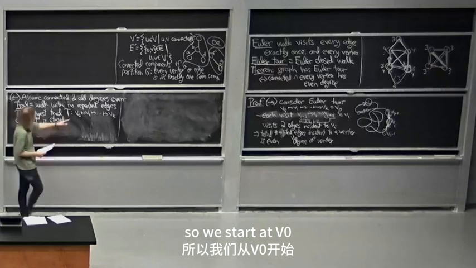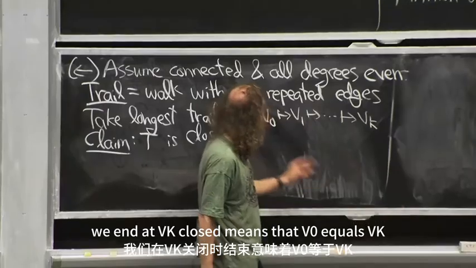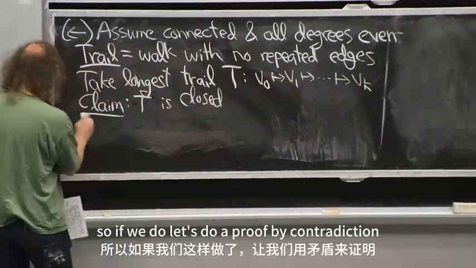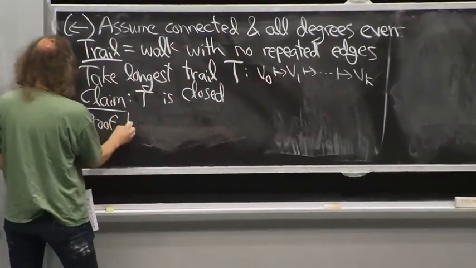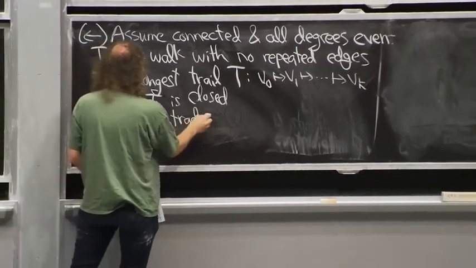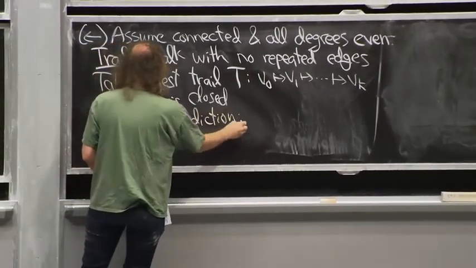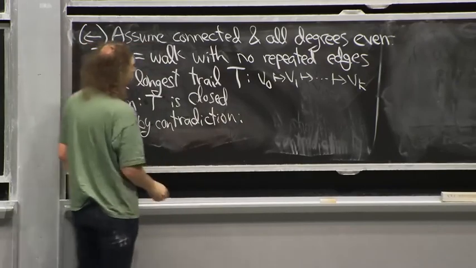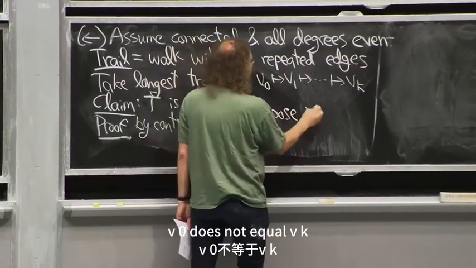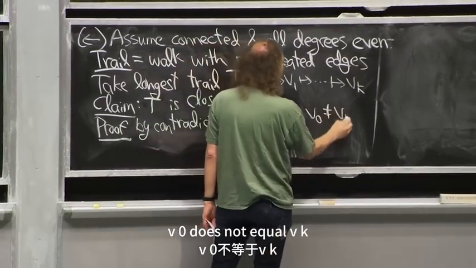So we start at v0, we end at vk. Closed means that v0 equals vk. So let's do a proof by contradiction. Suppose v0 does not equal vk.